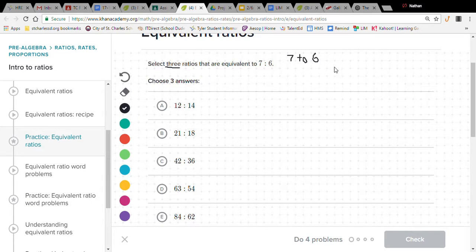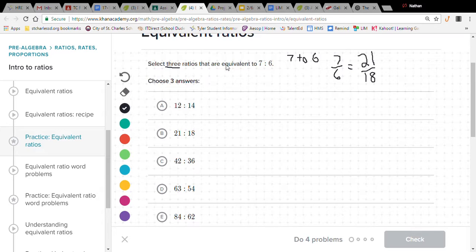So 7 over 6. Let's try this one, 21 over 18. Now we could cross multiply here, just like we did for the last one, because these are proportions. And when you have proportions, the cross products of the two ratios should equal one another.